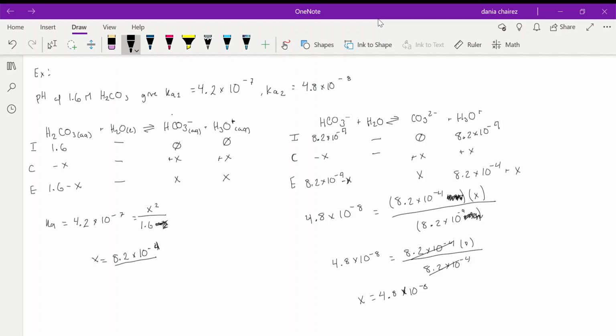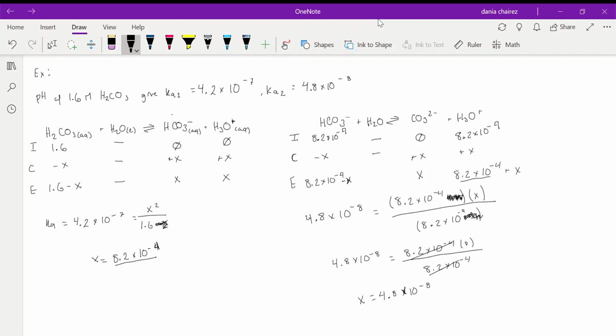But, okay, so here's the thing. I didn't want to say this because I wanted you guys to go through this whole problem with me. But this number is so small, like it's to the negative 8, right? That if I were to add it to this number, it would be still the same number.